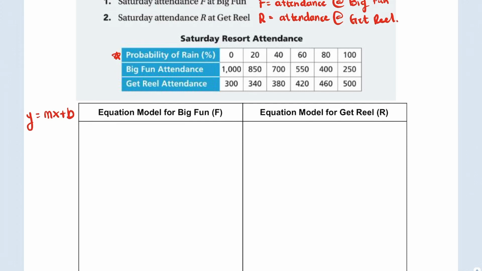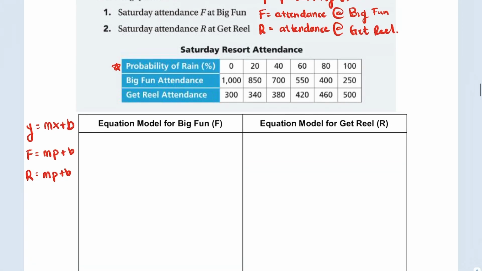But in this case, our y is going to be either F or R. Right, so we're looking for the attendance, and we're going to use the probability of rain to help us find that out. So we need some sort of slope for both of these. We need our independent variable, which is the probability of rain. And then, of course, we need our y-intercept. So let's review quickly how to do that.